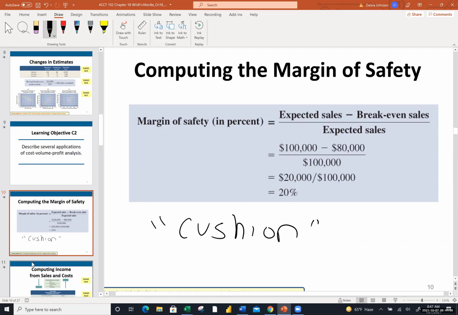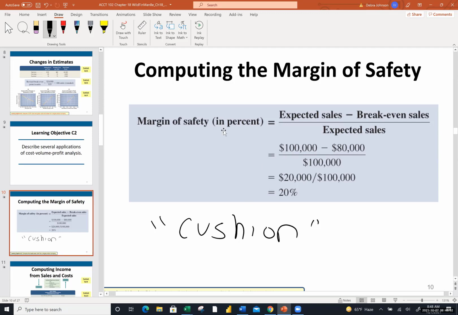Another way of saying it, and we'll practice this shortly, is what kind of a loss in sales can I suffer and still not lose money? It's how far above the break-even point I am. We're going to learn to calculate that in dollars, and as a percent.